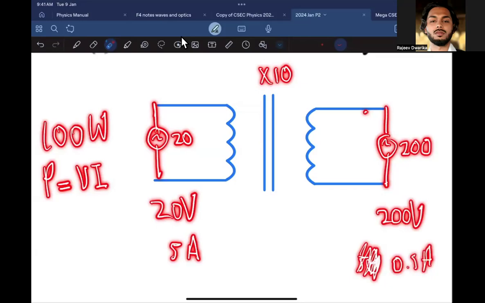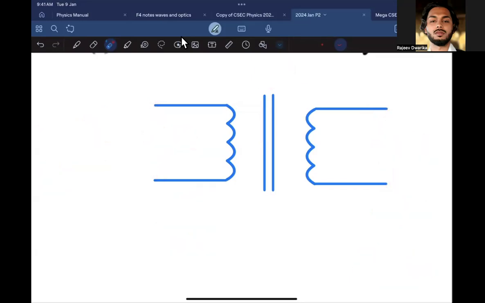So I think that's where it was confusing. But a step-up is increase the voltage in the primary, and a step-down is decrease the voltage. It's in the name. Right.